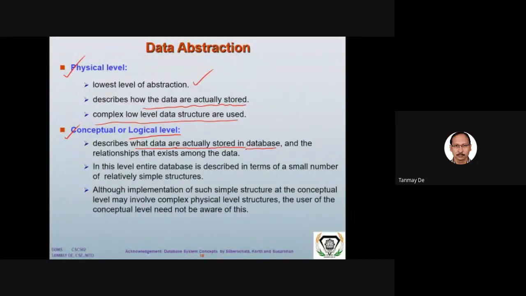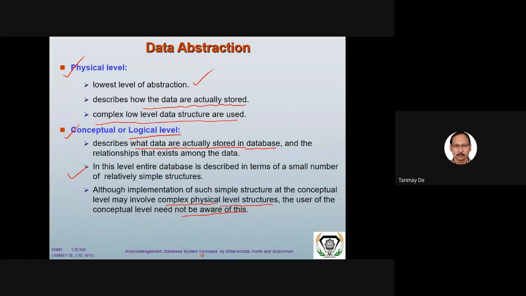In this level, the database is described in terms of a small number of relatively simple structures, though these simple structures at the conceptual level may involve complex physical level implementation. The user at the conceptual level need not be aware of the complex physical level structure.